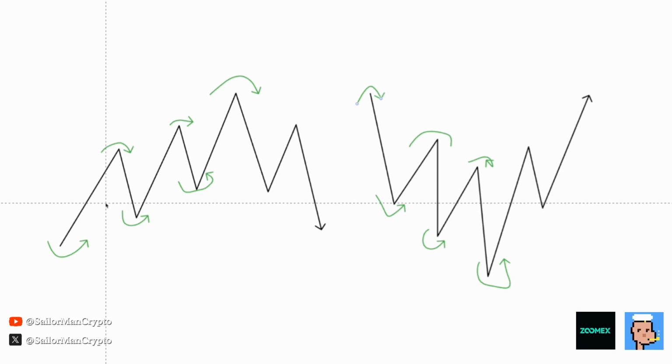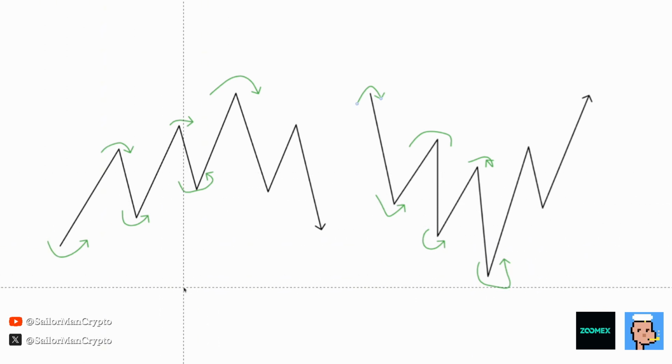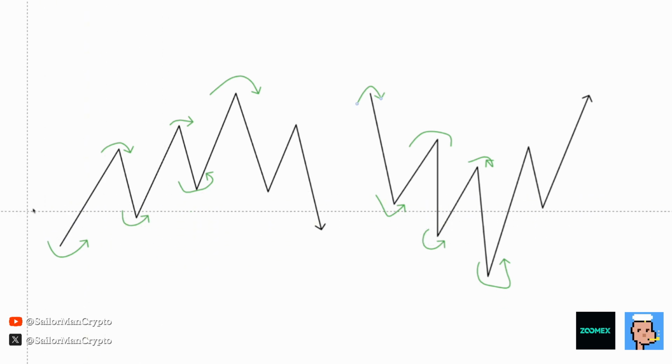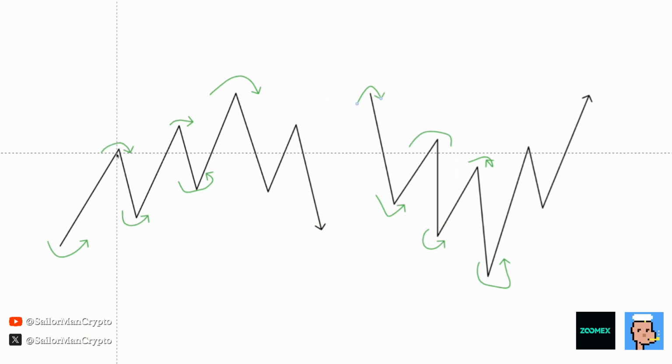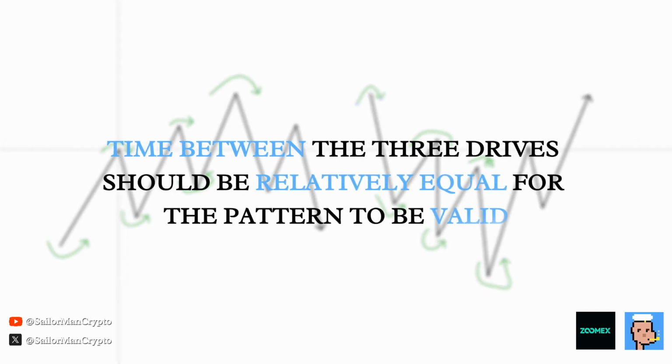The time component is also pretty important, and we will see exceptions, but whenever you see a 3 drive it's important that there is a time component. It means that the time spent on each of these 3 drives should be, the textbook will tell you exactly the same, I will tell you, not to be dogmatic, similar.